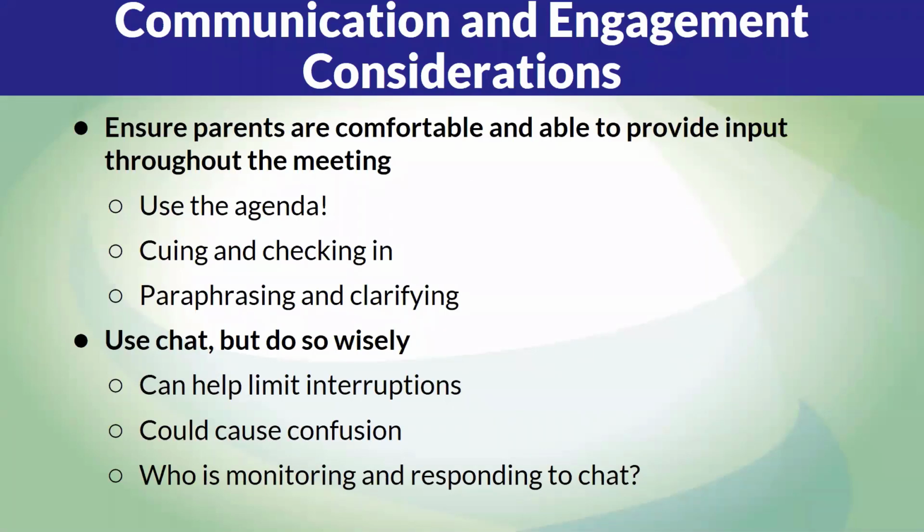When you're transitioning over to virtual meetings, to start, it may be a good idea to have someone specifically assigned to these tasks, because if you're not able to catch a parent raise their eyebrows or shake their head or read their facial expressions that show they're confused or have a question, really be proactive about making sure you're checking in, that you're paraphrasing for them because of those missing nonverbals.